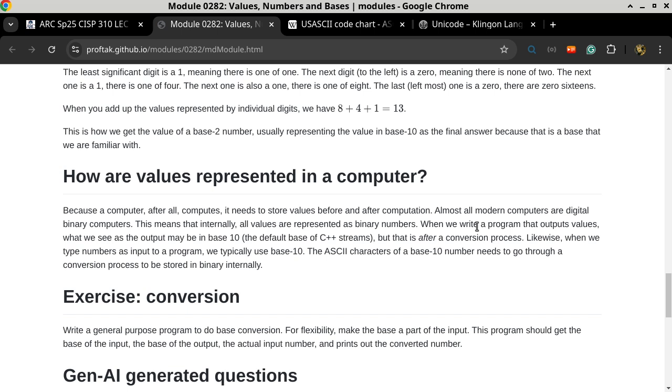The other one goes the opposite way. You give me the value, the digit's position, and the base, and I will tell you what value that digit is supposed to be. So that's basically what today's lab is about: base conversion in both directions.